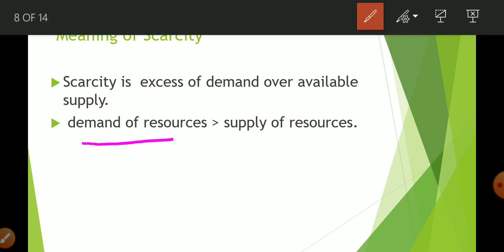demand of resources is greater than supply of resources. When supply of a good is less than its demand, this condition is known as scarcity of resources in economics. Take an example.